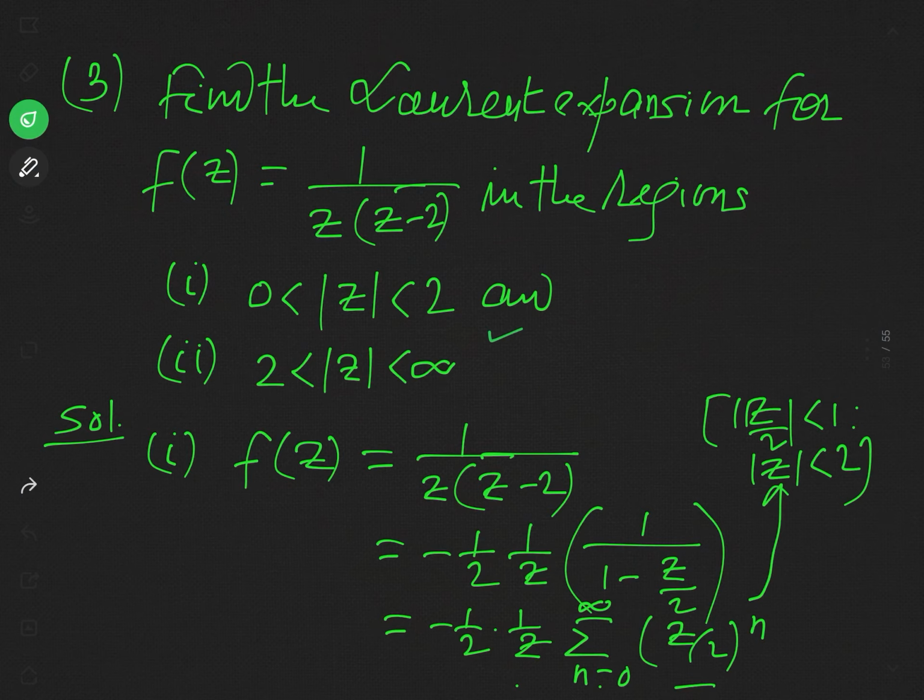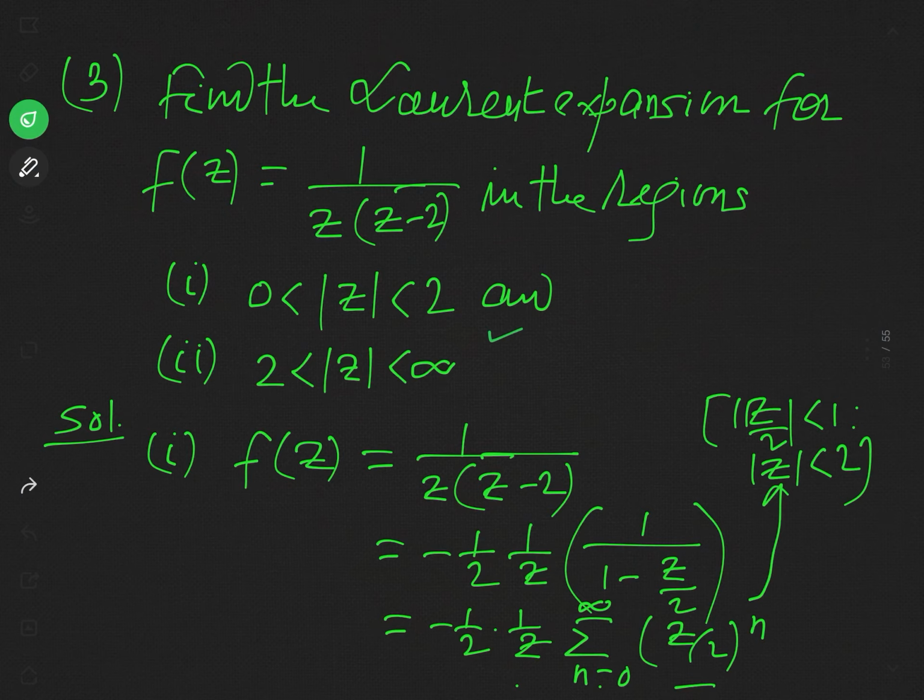So see first of all the expansion in the first region. f of z will be what? It is given as 1 over z into z minus 2. And let us take this factor minus 2 as a common factor.